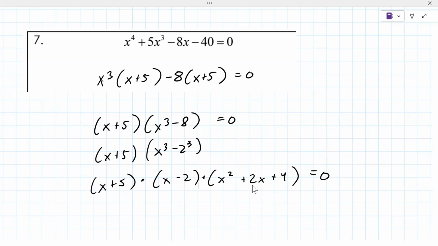Okay, so in this case, it would be x equals -5 and x equals 2, and then for the other one, it would be x squared.